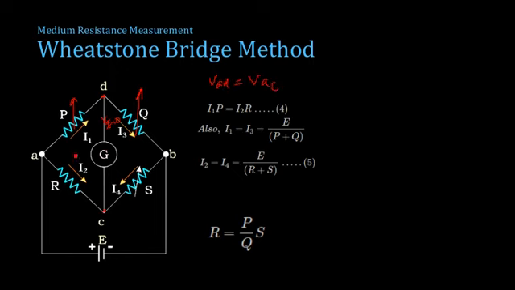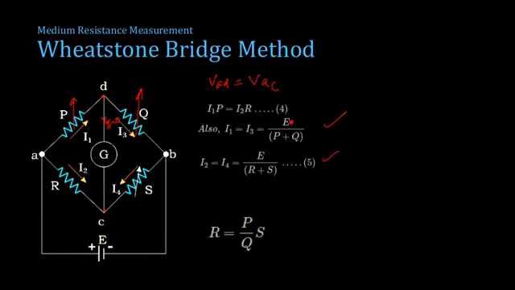That is, I1 into P will be equal to I2 into R. Also, since there is no current flowing through the galvanometer, I1 will be equal to I3 and I2 will be equal to I4. I1 will be given by E divided by P plus Q, where E is the input voltage given to this bridge, and I2 will be given by E divided by R plus S.